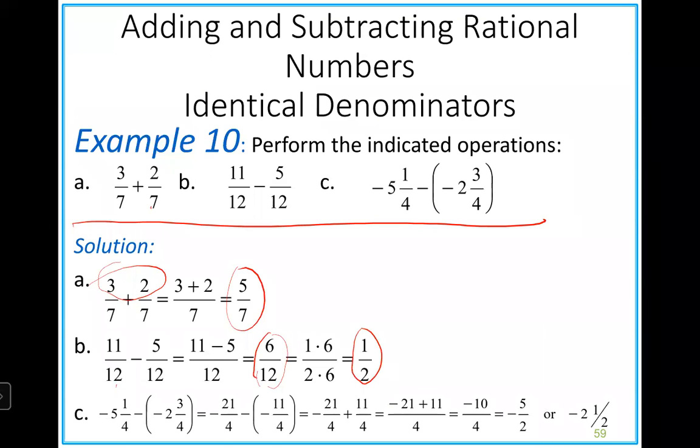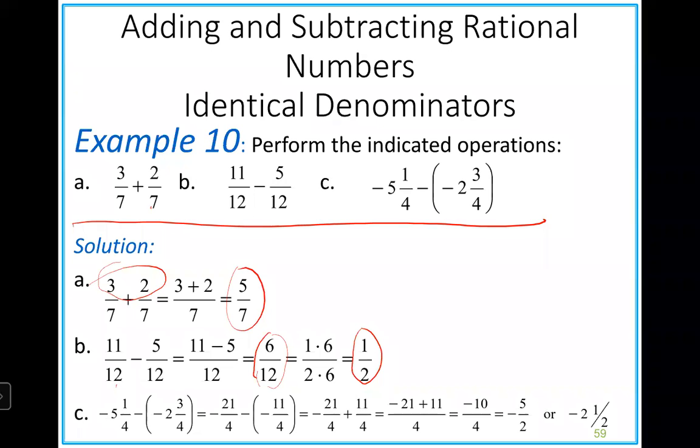If you are doing mixed numbers, let me see what they did here. Okay, in some cases, they recommend that you do the whole numbers separate from the fractions. But in this book, what they did is to convert them. So negative 5 1/4 becomes negative 21 over 4. And then minus 2 1/3 becomes negative 11 over 4. So they convert them into improper fractions.